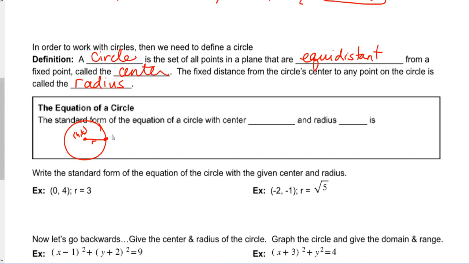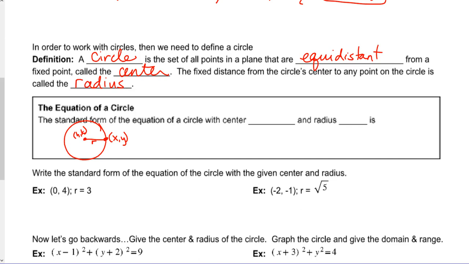For any point (x, y) on my circle, I could use my distance formula to prove that I have the equation of a circle. So if I wanted to do the distance formula, I'd take x minus h squared plus y minus k squared is equal to r squared.